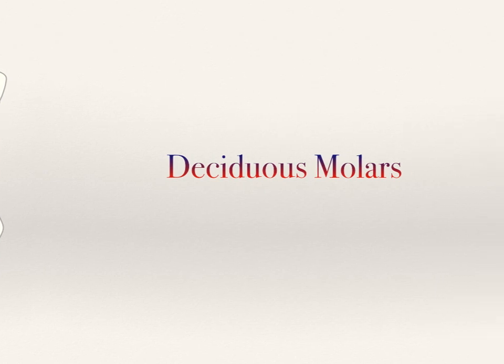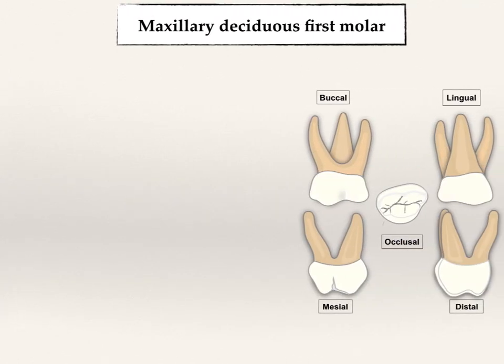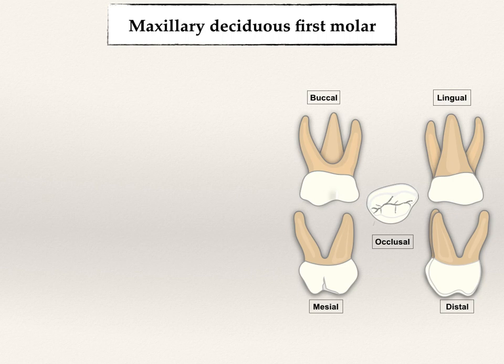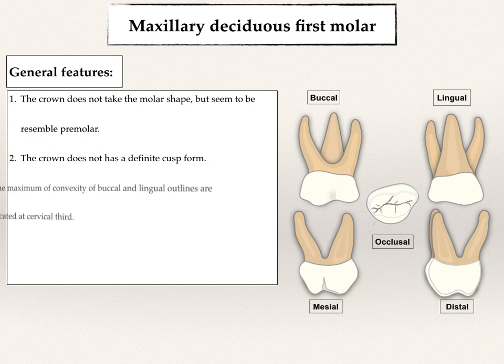Deciduous molars. Maxillary deciduous first molar. The crown does not take the molar shape but resembles a premolar, and it does not have definite cusp forms.